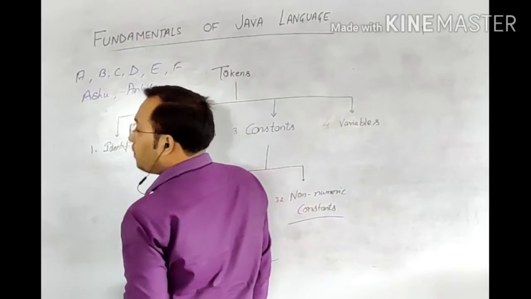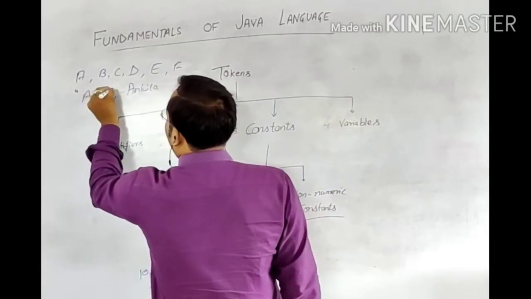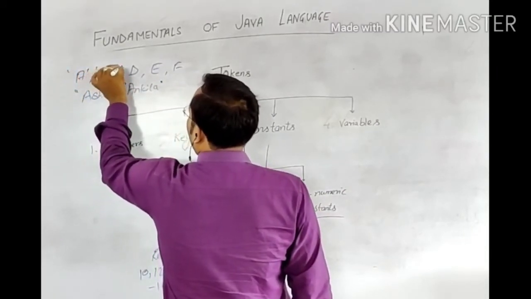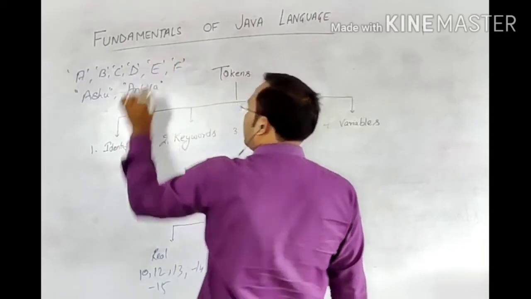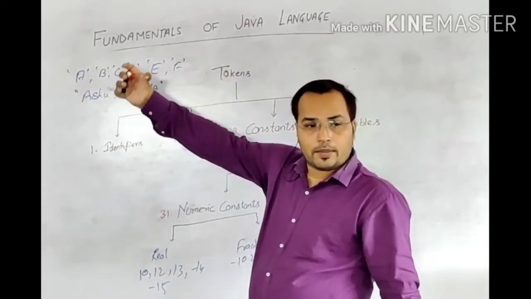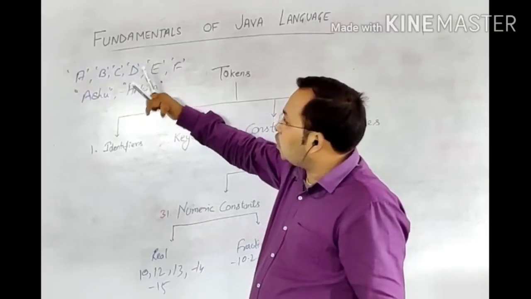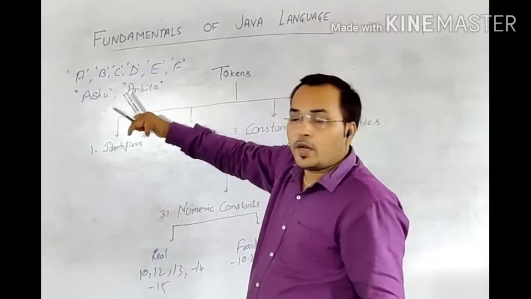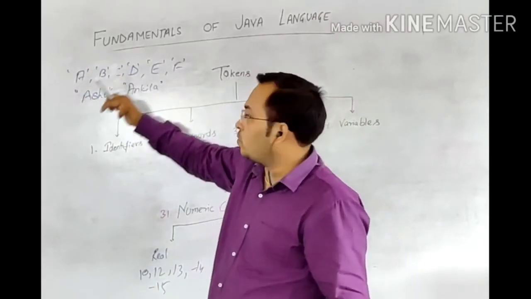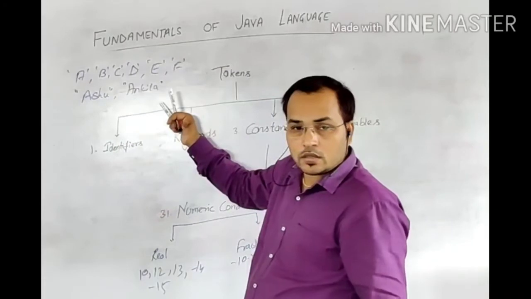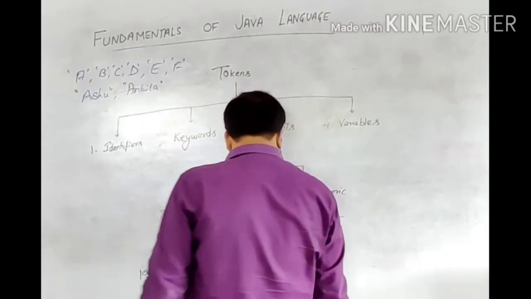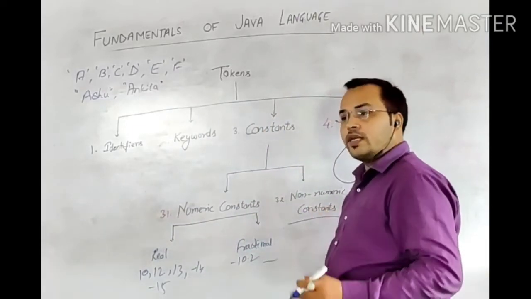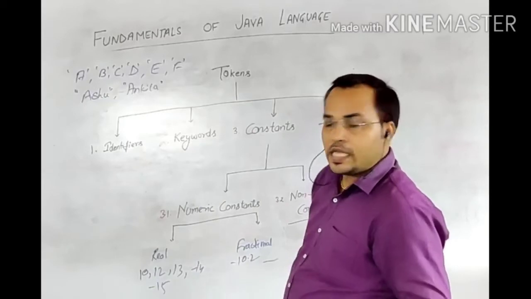But one thing you have to keep in mind: if it is more than one character, then it goes in double quotes. If it is a single character, then it should be in single quotes. Single character, single quotes. More than one character, double quotes. Okay, so keep in mind. This is called a non-numeric constant. It is also of two types. The first one is character and the second one is string.